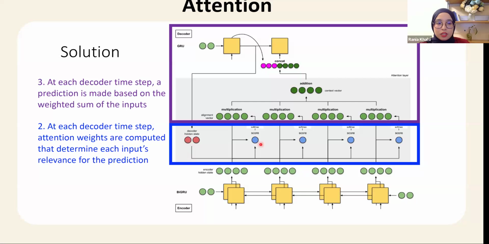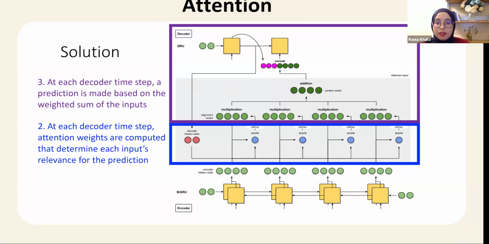Once these scores are computed, the softmax produces the final probability distribution, which allows us to interpret the weights in a meaningful way. Then, at each decoder time step, a prediction is made based on the weighted sum of the inputs.